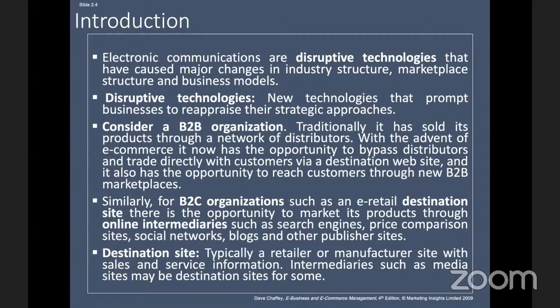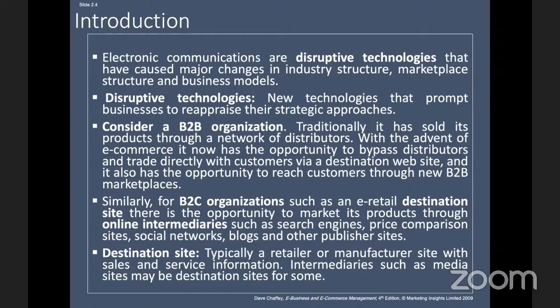So they are checking and comparing your products with others in terms of quality, features, services, and also prices. The customer is well aware of the market situation and of the choices he or she is making to purchase certain types of products.